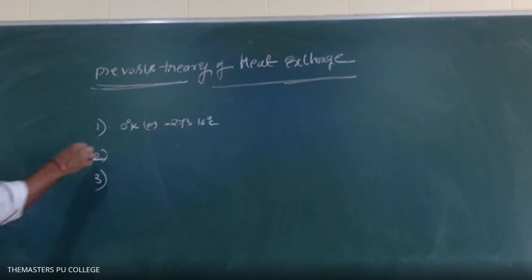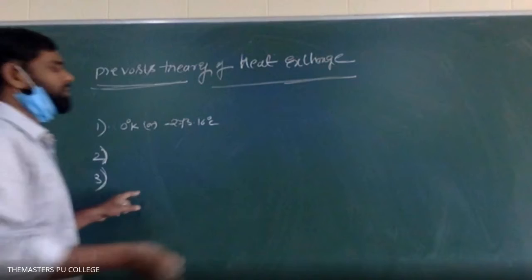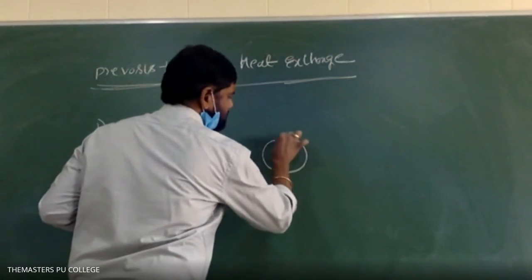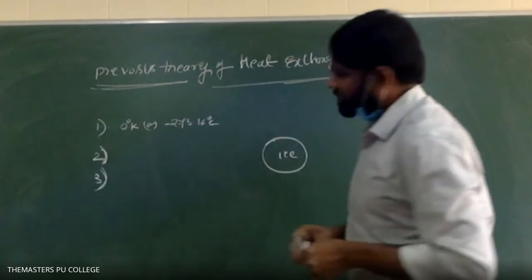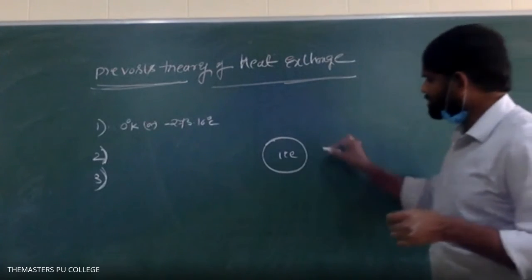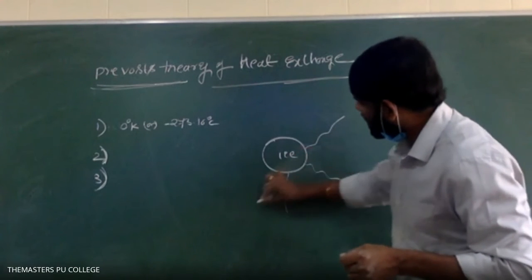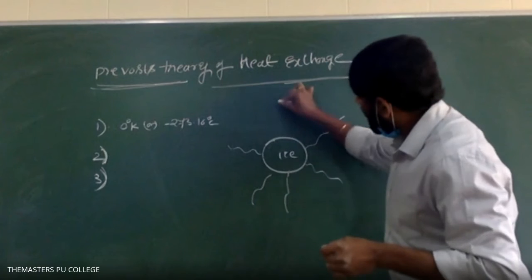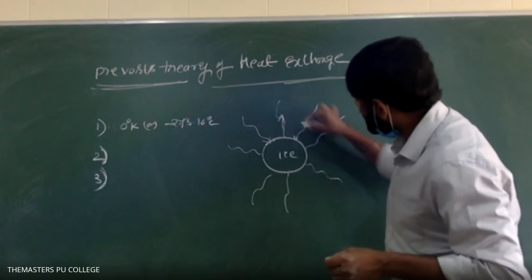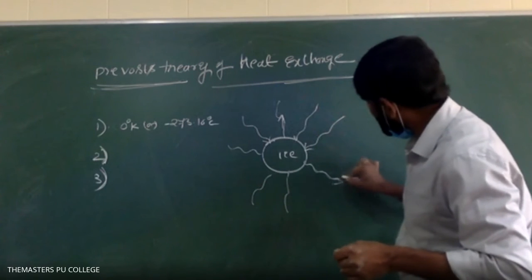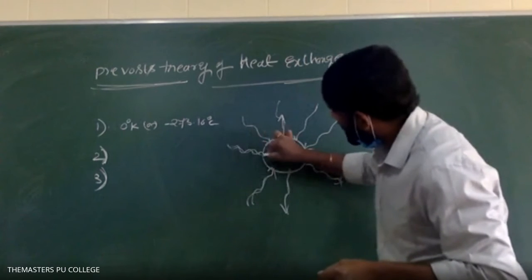So what is the second one? Observe clearly. This is ice, which is placed in the atmosphere. What will happen? It will emit thermal radiation as well as receive thermal radiation from the atmosphere.